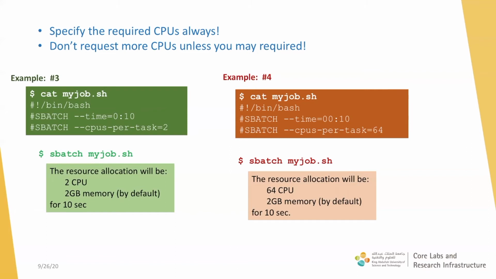If we specify CPUs per task as 64, the job will never be scheduled into the queue, because 64 CPUs are unavailable in IBEX, so the job never starts. So resource utilization plays a crucial role in reducing the turnaround time of your jobs in the IBEX cluster.